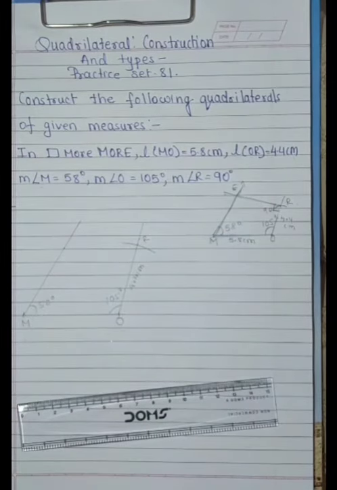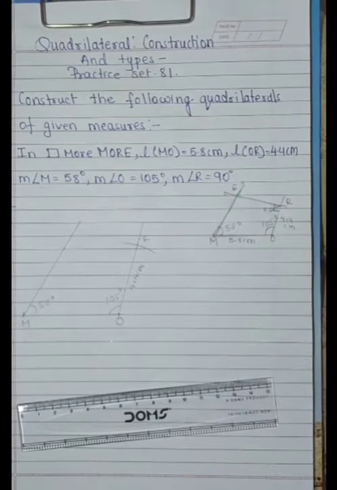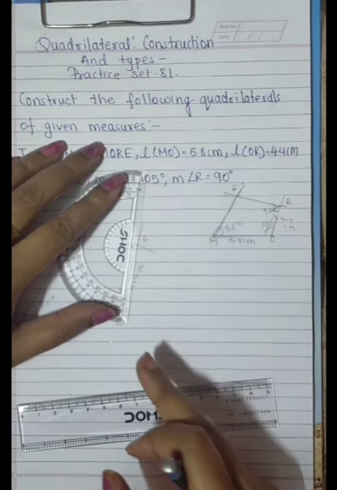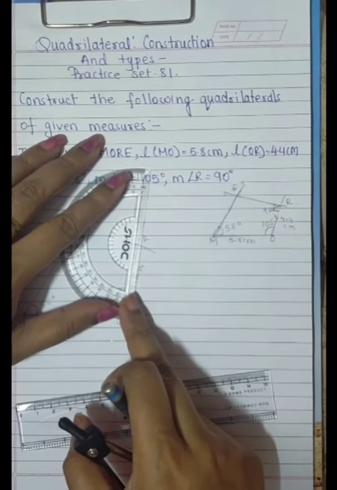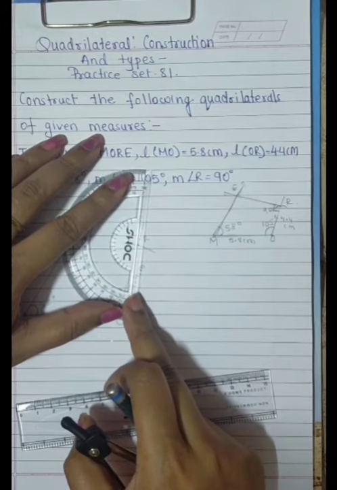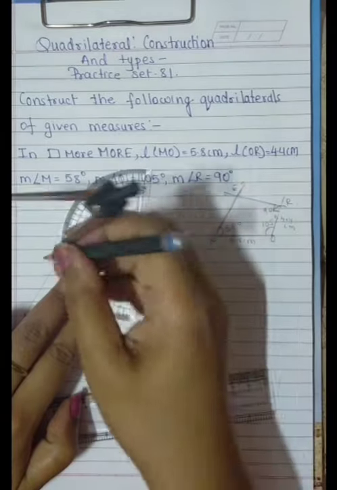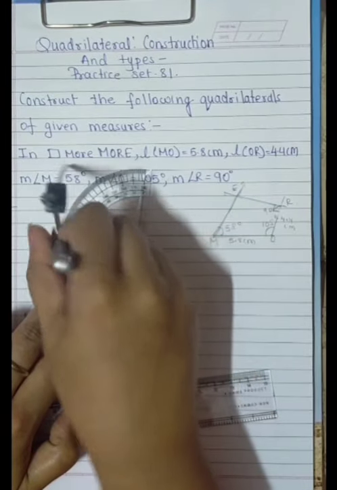Now what is given? Next, measure angle R is 90 degree. So we'll take measure angle R 90 degree. This is our 90 degree.